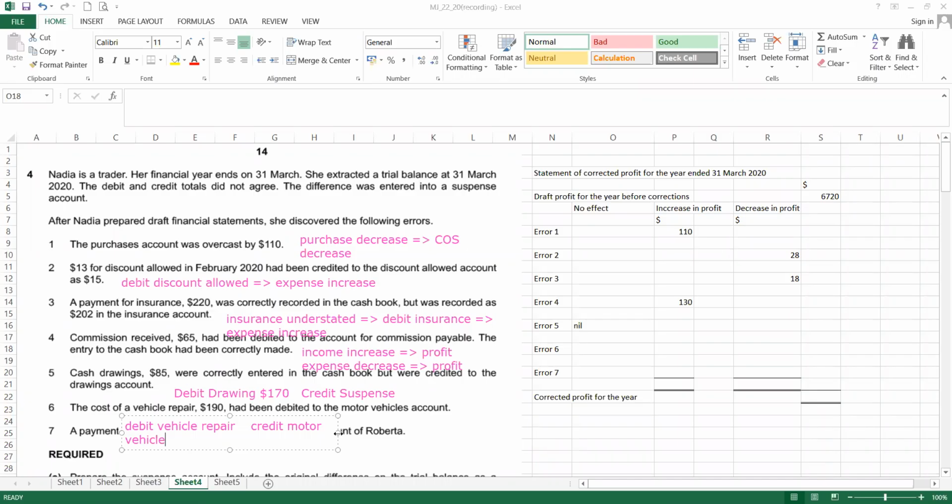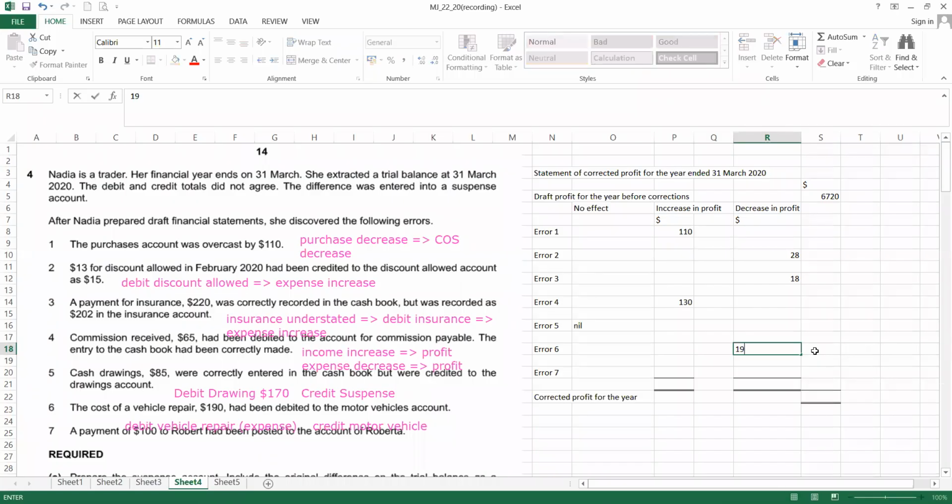So debit expenses, when we debit, it will increase the expenses. Expenses increase, profit will be decreased. So this one will decrease by how much? 190.